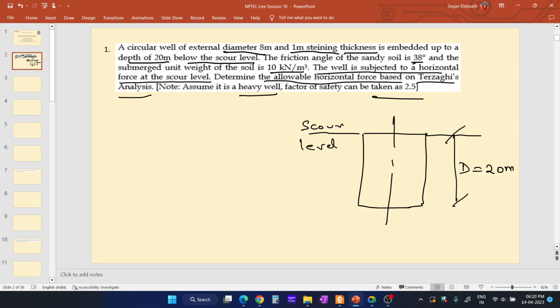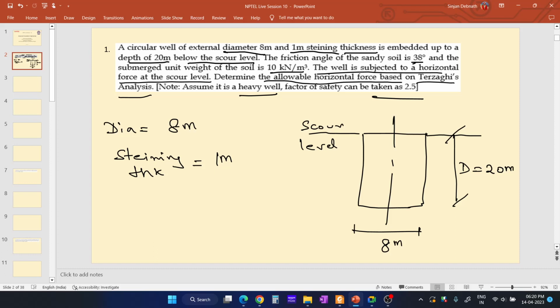Let me write down all the data over here. The diameter is 8 meter, steining thickness is 1 meter. This is the diameter.